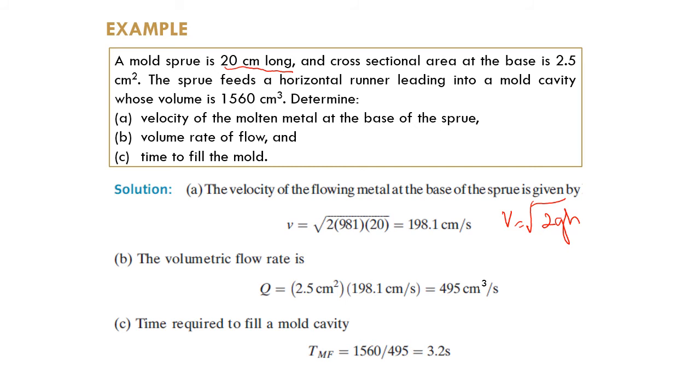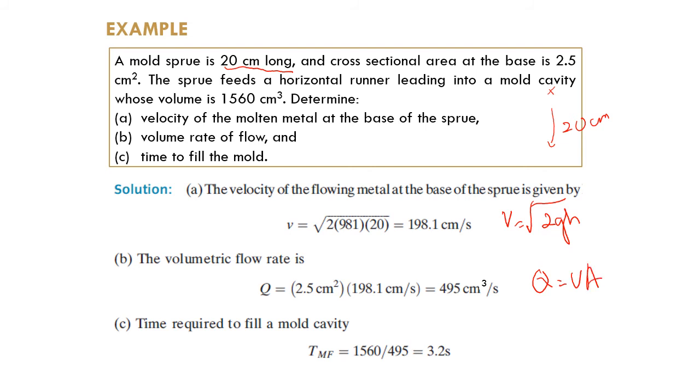So the sprue from the top to the base is 20 cm. You put it here, 20, and you will get 198.1 cm per second.